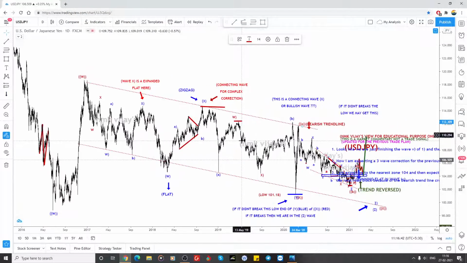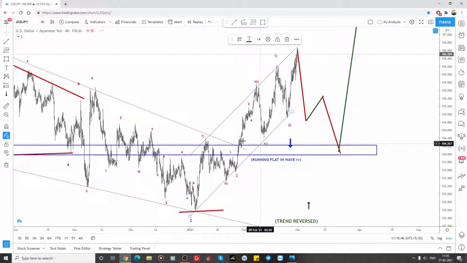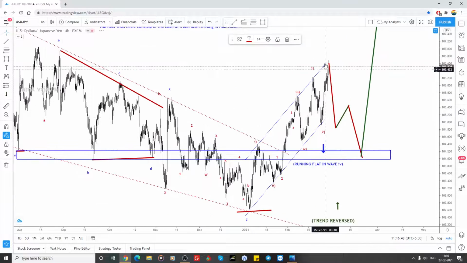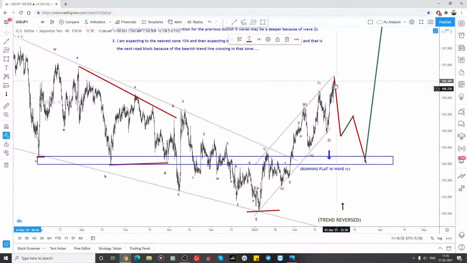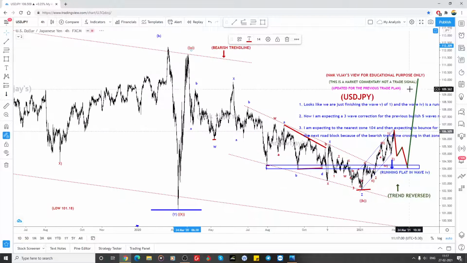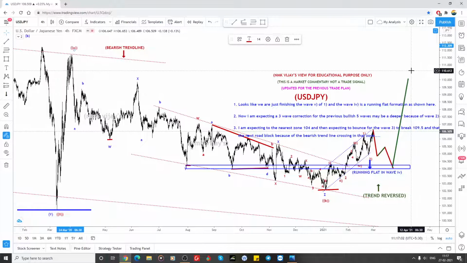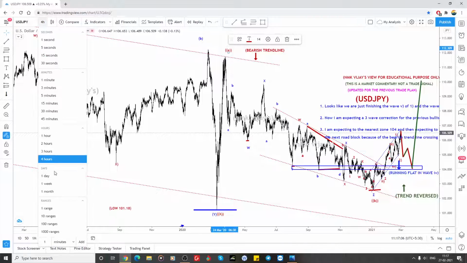We can see that later, but here the structure has to end. The five-wave structure is already over, or it is already in that third wave. We can't say that. So anyway, this is A, B and C, which means it has to reach 109.95 or 110. But at 109.5, I think we may get rejections because of that bearish trend line.